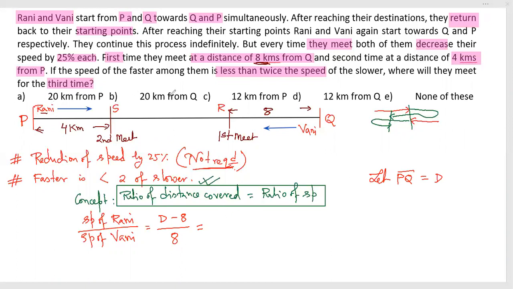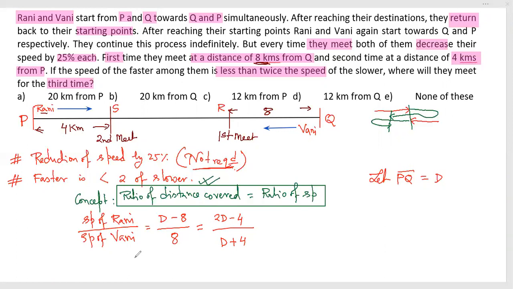Started from P, moved up to Q, returned back, and moved up to S. That means from 2D it is 4 less, so it can be written as 2D minus 4, divided by what Vani has traveled: D plus 4. This we need to solve to get the value of D.